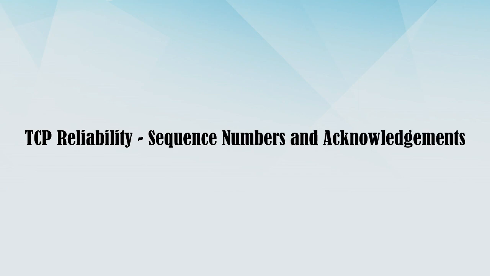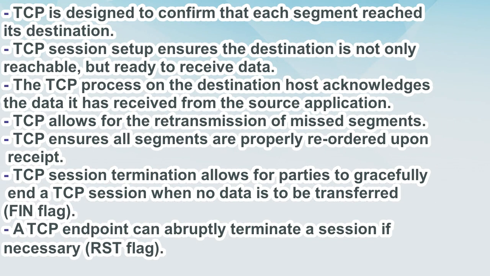TCP reliability, sequence numbers and acknowledgements. TCP is designed to confirm that each segment reached its destination. TCP session setup ensures the destination is not only reachable but ready to receive data. The TCP process on the destination host acknowledges the data it has received from the source application.